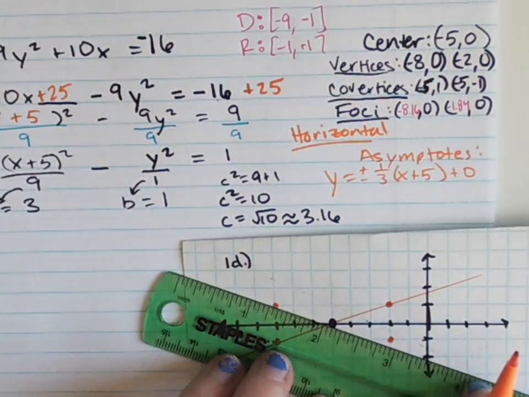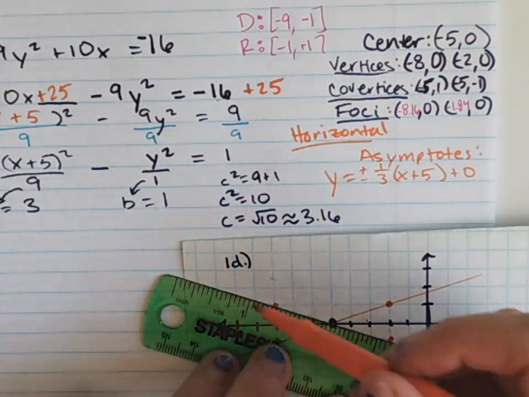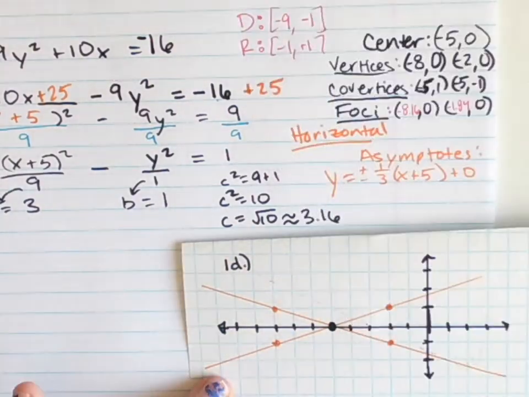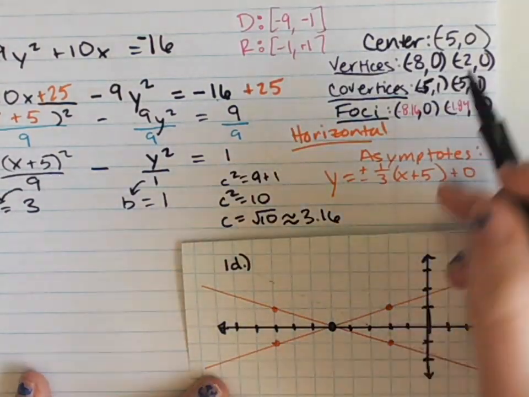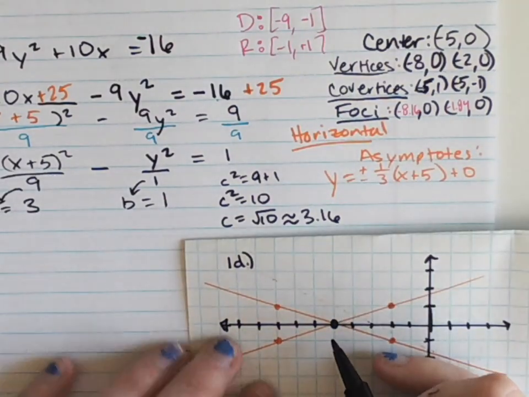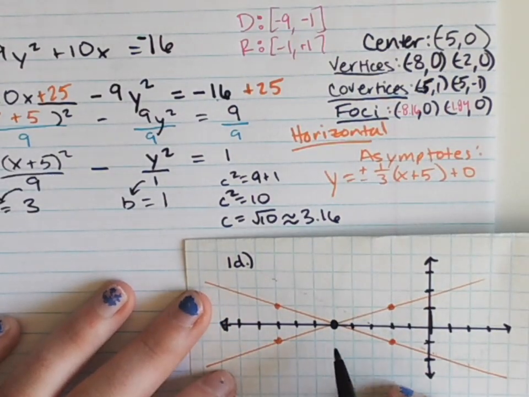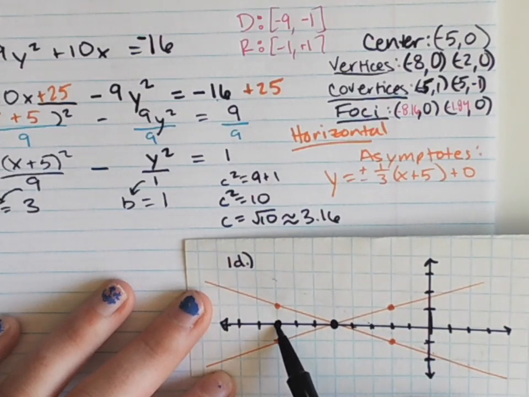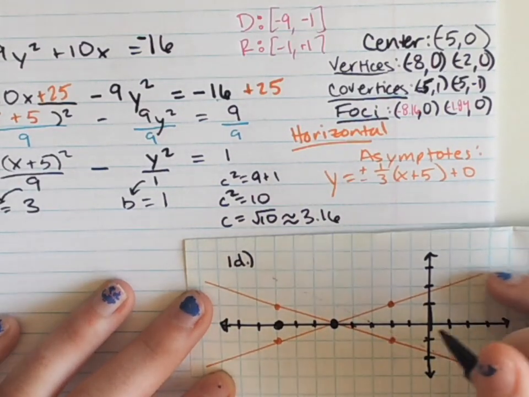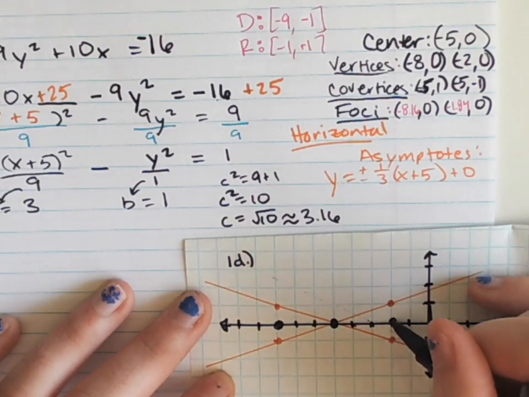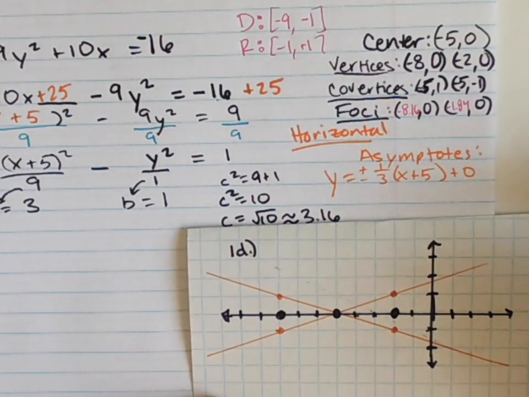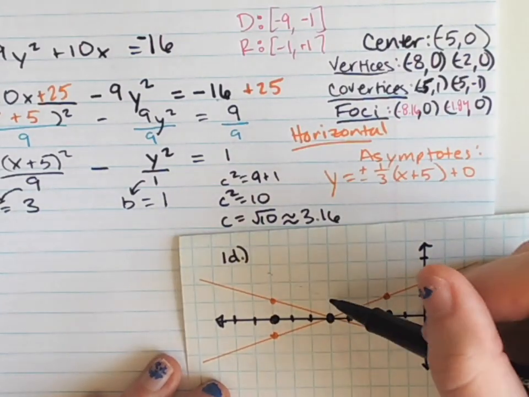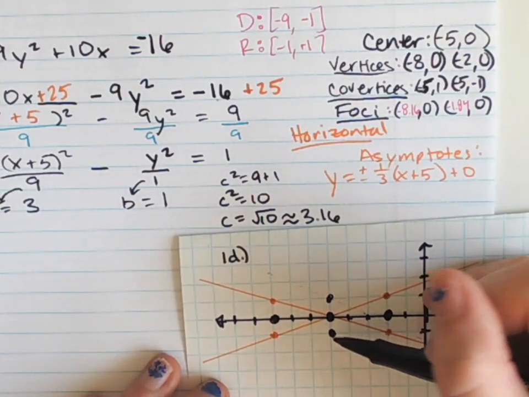So this is an example where we've got a really short and flat hyperbola. So our vertices are now at -8, 0 and -2, 0. There's my vertices. And then we've got our covertices at -5, 1 and -5, -1.